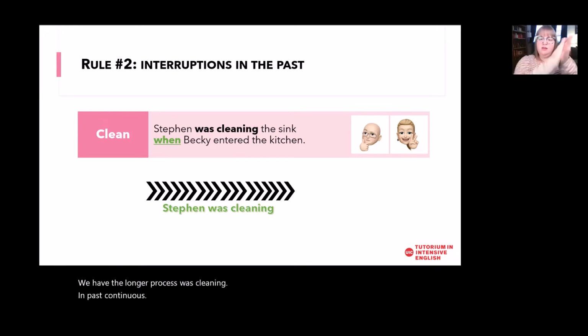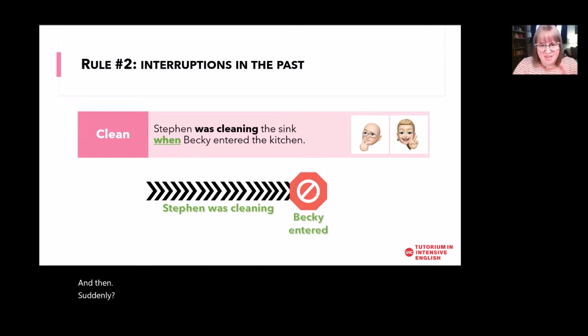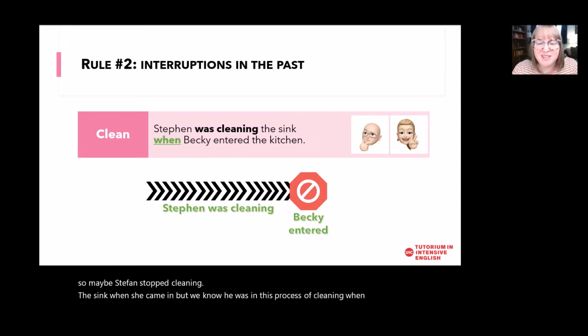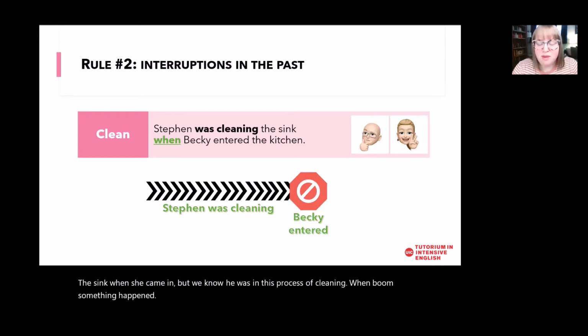And then suddenly Becky entered. So maybe Stephen stopped cleaning the sink when she came in, but we know he was in this process of cleaning when, boom, something happened that maybe made him stop. Becky entered.